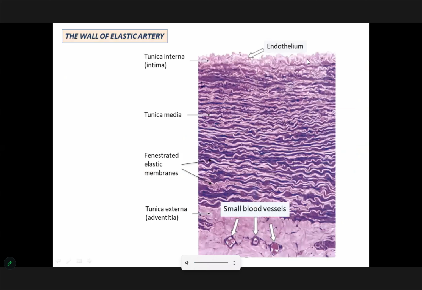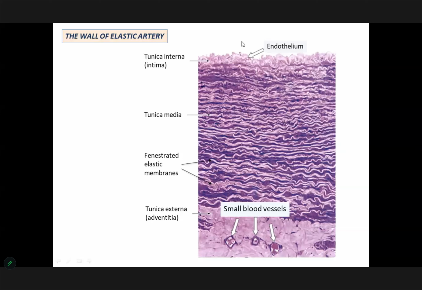Okay, let's look at the histological preparation. If you can hear me, I think you can. Okay, histological preparation of the wall of elastic artery. Elastic artery has a lot of fenestrated elastic membranes in its media.